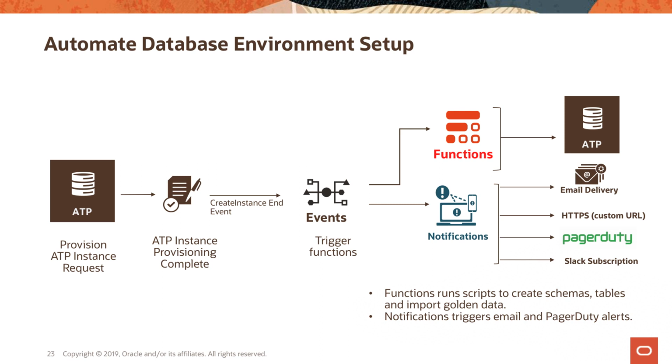In this example, we have an autonomous transaction processing database instance coming up in OCI, and this event of creating the instance triggers OCI events, and in OCI events you are able to filter on these state changes in the resources and write rules, and the rules could invoke an action, and these actions could be triggering a function in Oracle Functions, and this function can do a few things.